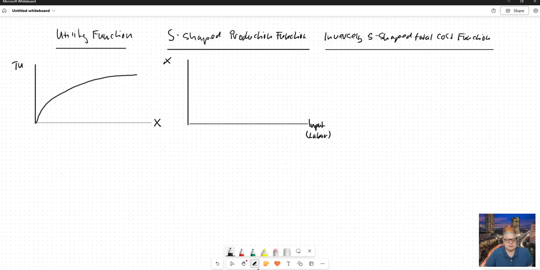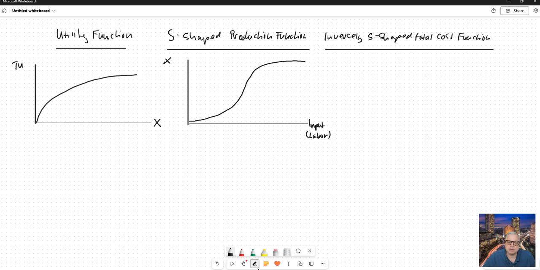If we draw it, it typically looks like an S, which means the more labor we have, we initially have output growing faster than input, but then there's a point of inflection and it flips, and output grows at a lower rate than input.